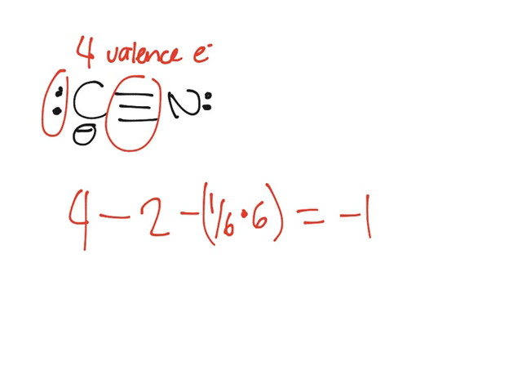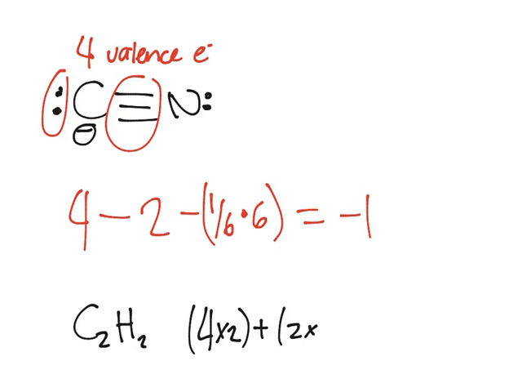One thing to note is, if you're just starting with drawing Lewis structures, you can add up the valence electrons. So let's say you have C2H2. You know carbon has 4 valence electrons and hydrogen has 1. If you want to draw out the Lewis structure, you add it all together: 4 times 2, because you have 2 carbons, plus 2 times 1, because you have 1 valence electron in hydrogen.